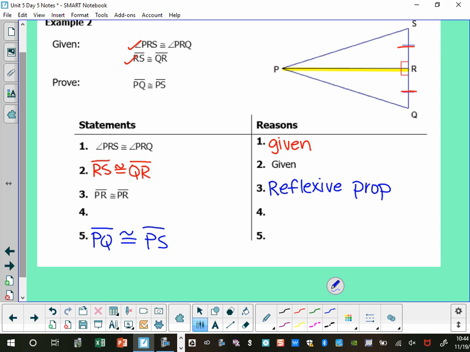Alright, and I'm going to give you this 4th statement. We have triangle PQR is congruent to what? What is PQR congruent to?